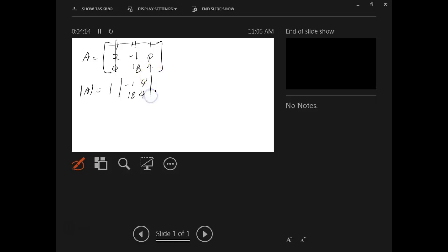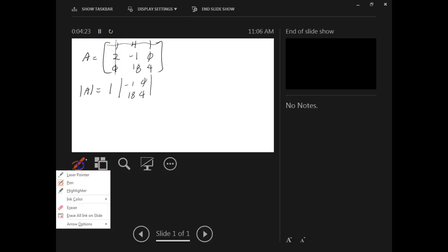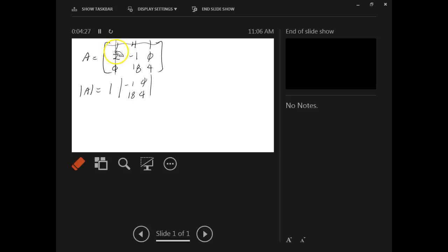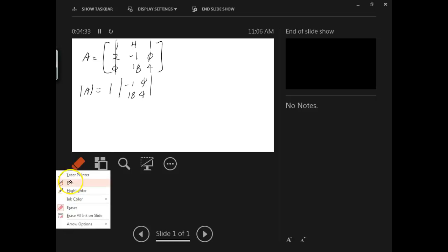I'm going to write this out in gory detail. Normally I'd already do that determinant. Then we'll move to the second entry in the first column, so we'll go to the 2.